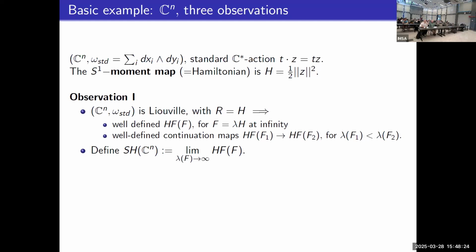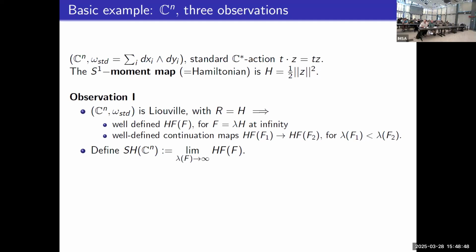So as an outcome, we've seen the story for linear manifolds that we can construct this symplectic homology using the Hamiltonians which are linear with respect to the radial coordinate. But for C to the n, the radial coordinate is the same as the S1 moment map. So we can just simply say, okay, let's forget about the radial coordinate and let's look at the moment map being my Hamiltonian, my canonical Hamiltonian flow here.